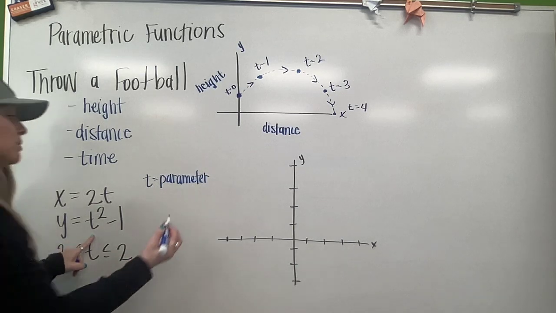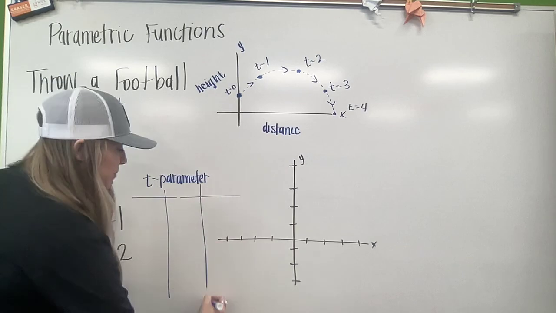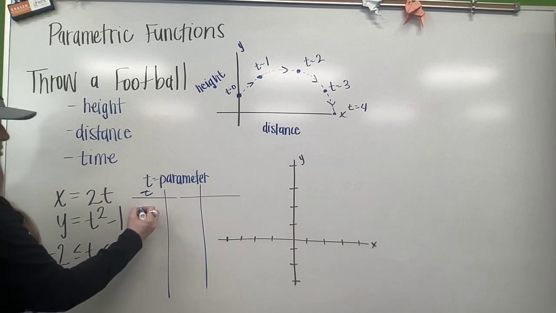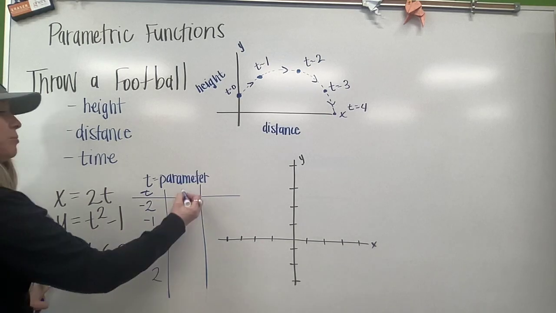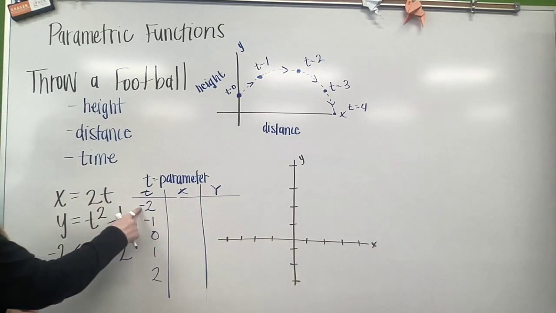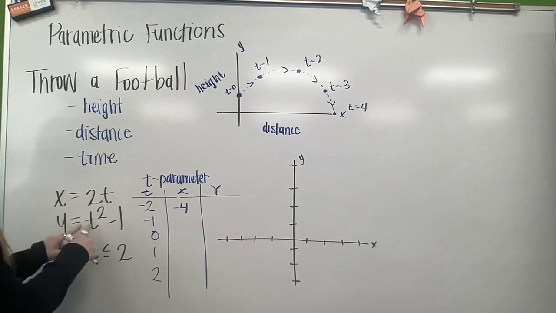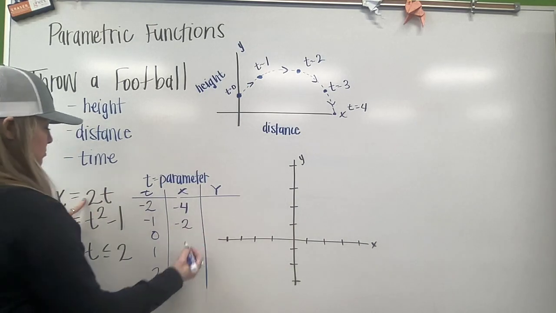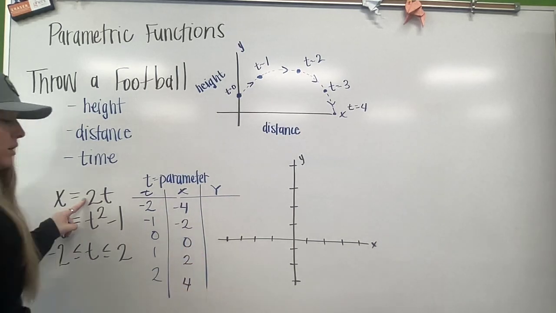What I'm going to do is figure out the path of this set of parametric equations. I'm going to plug in values for t, going from -2 to 2, to find my x and y points. When I plug in -2, 2 times -2 is -4. If I plug in -1, -1 times 2 is -2. Then 0, 2, and 4.